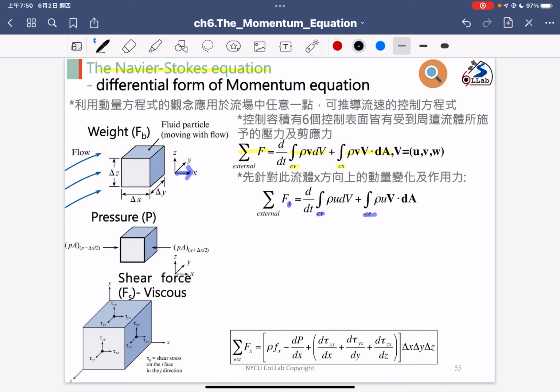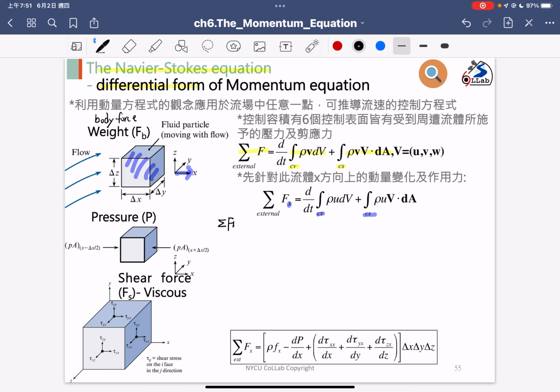So in this slide we first focus on the external force in our problem. Since we discussed the differential formulas here, we only consider a small cubic fluid element. This cartoon figure on the left hand side describes the forces we have in the problem. First, we have the body force.